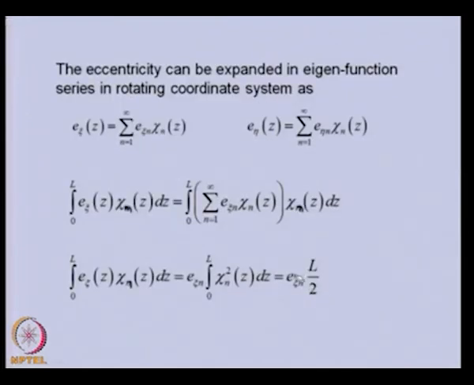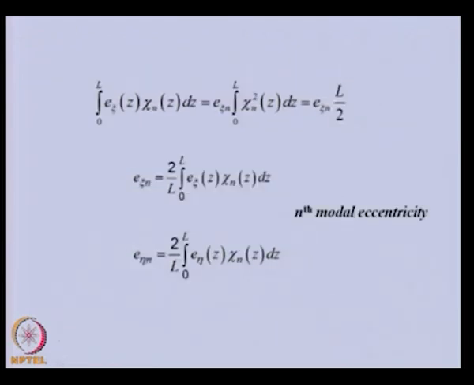So, this property we used here to calculate this. Now you can see we can get the constant E xi n from this, so 2 by L times this. This is the eccentricity variation in the direction of xi along the z direction.